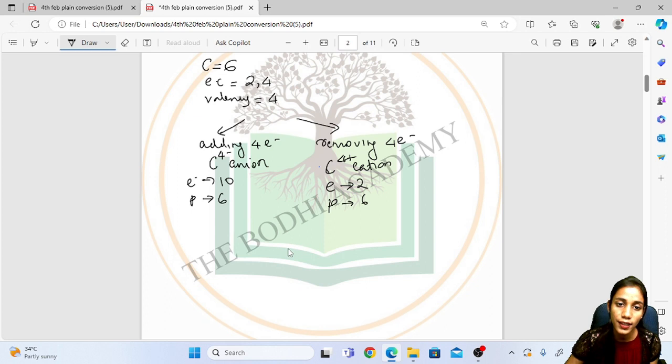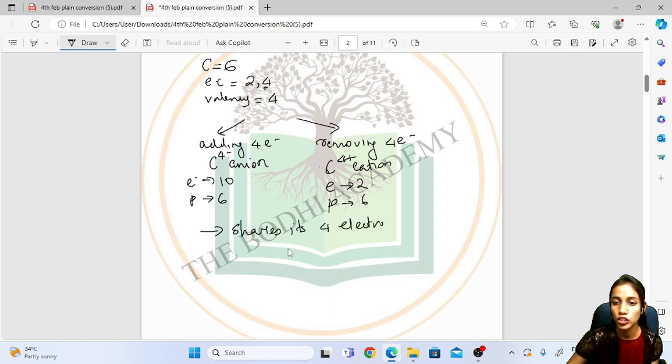So the carbon can't add 4 electrons and can't remove 4 electrons, but it has 4 electrons in its outer shell. So what the carbon does is that it shares its 4 electrons.